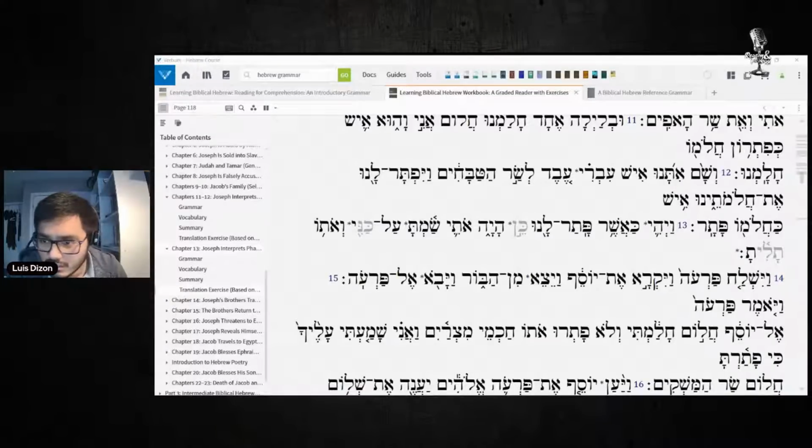Here are all of the verbs. And really quickly, you can tell that most of them are preterite, third person, masculine Qals. So any that begins with a vav and then a yod, those are all the same. So there's only really three here that aren't.